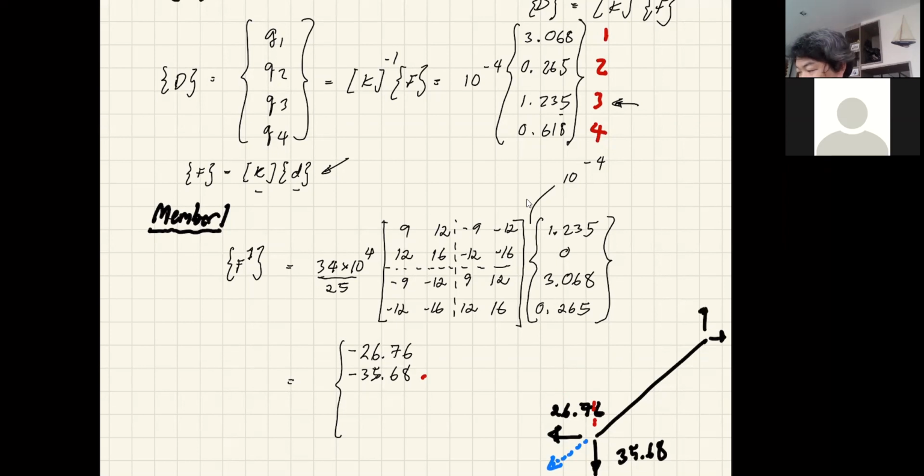And when you have the case like this, again, when you sum up the force, it is going into this direction. So this just goes to show that your member number one is definitely under tension.